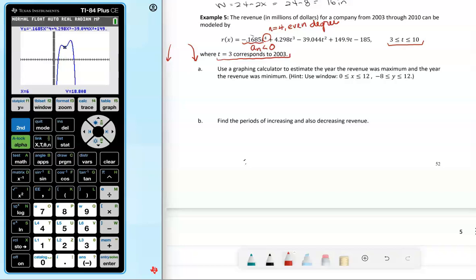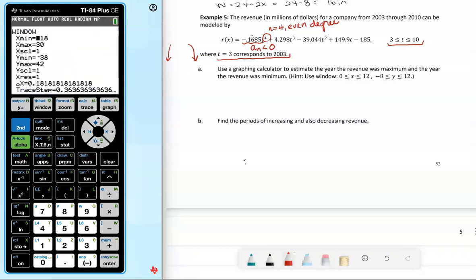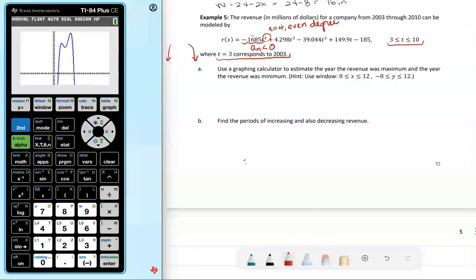Now notice my y is 18 here. I'm going to trace up to this highest point. It looks like it's around 30. So I'm going to go into my window, and I'm going to set my y max at 30 and my y minimum at negative 5, or maybe negative 8, just to get a view of this guy. There we are.